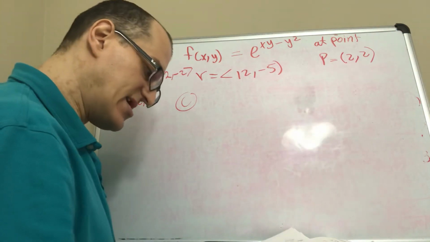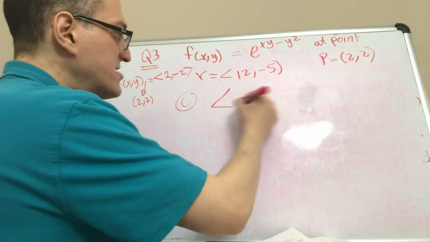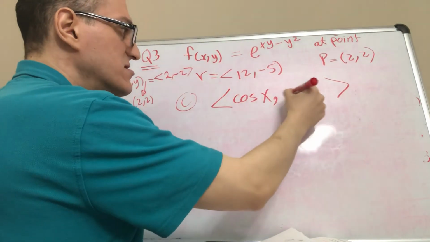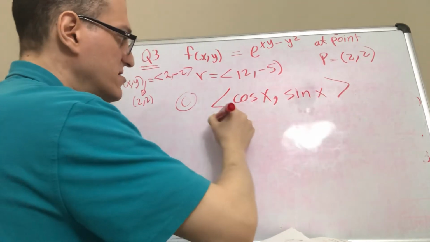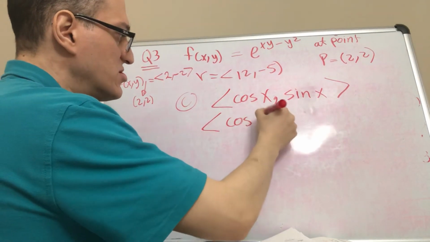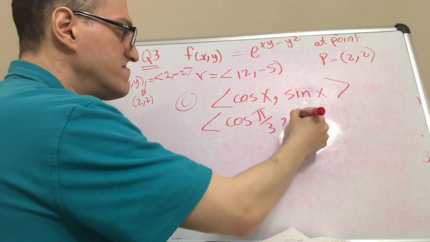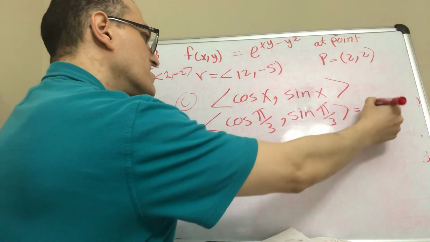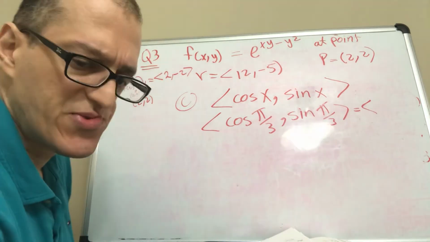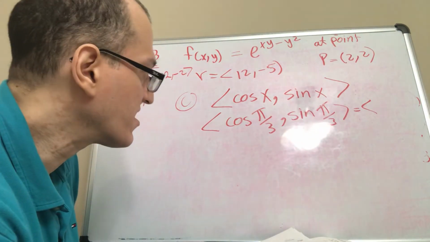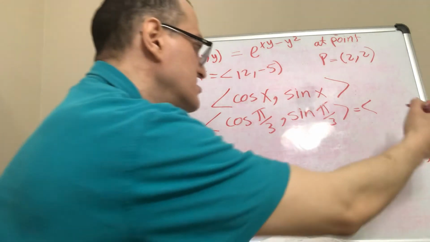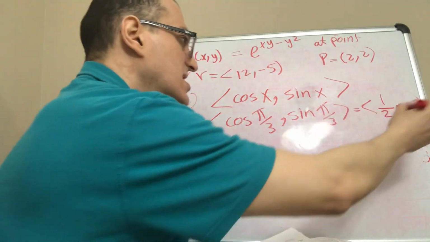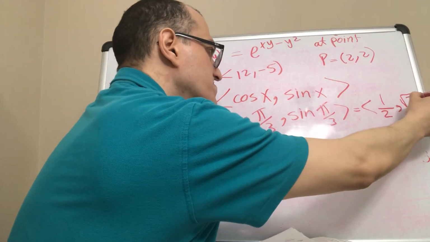To do this with an angle, the vector would be cosine of whatever this angle is, sine of whatever the angle is. So cosine pi over 3, sine of pi over 3. Pi over 3 is 60 degrees. Cosine of 60 degrees is half, and sine would be root 3 over 2.